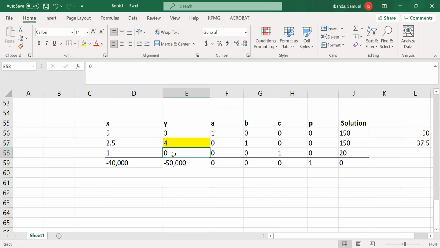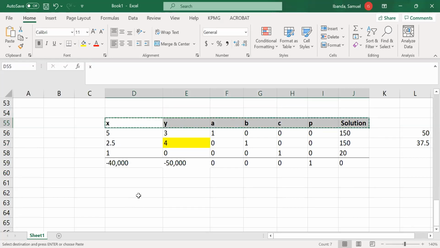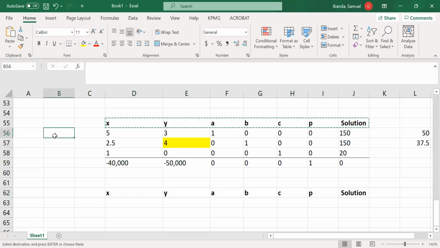Here we already have a 0, and this one will also become 0 at some point. But let's first deal with this. Let's see how our table looks. This will remain the same. This will be our first table.